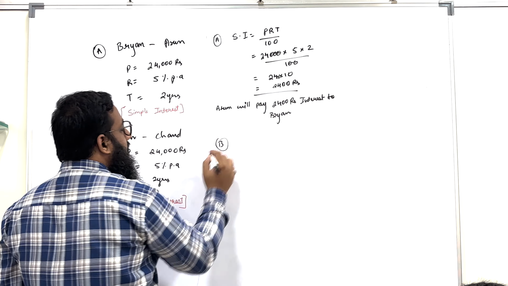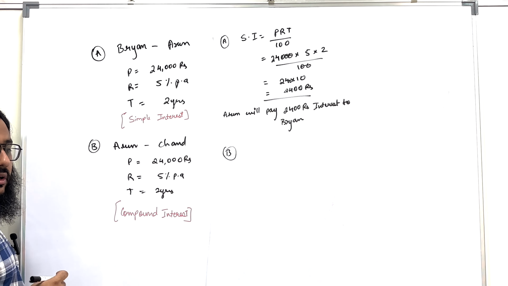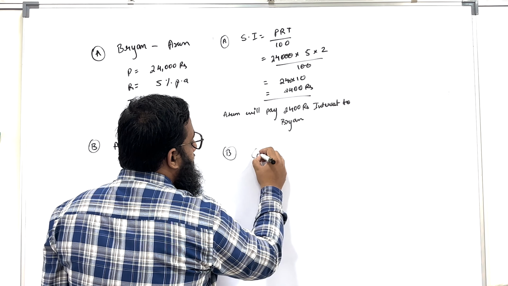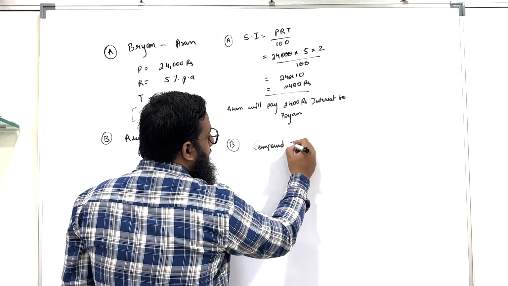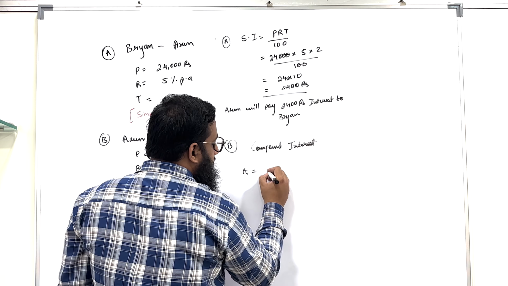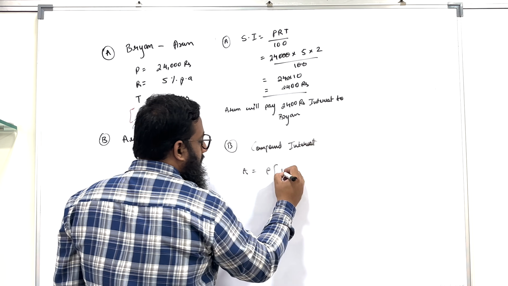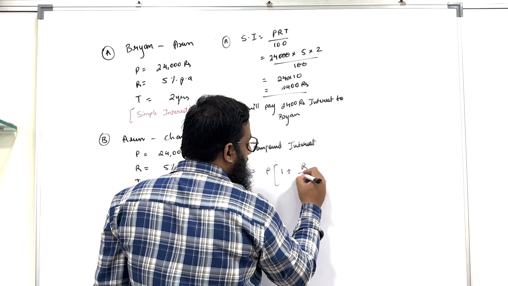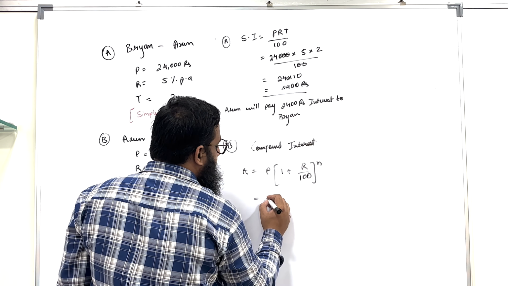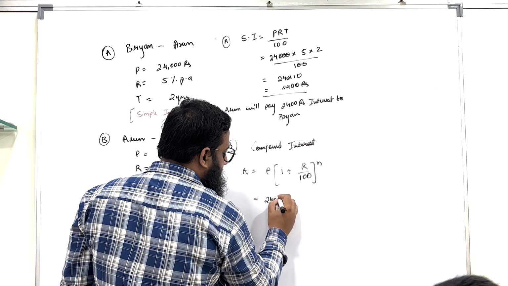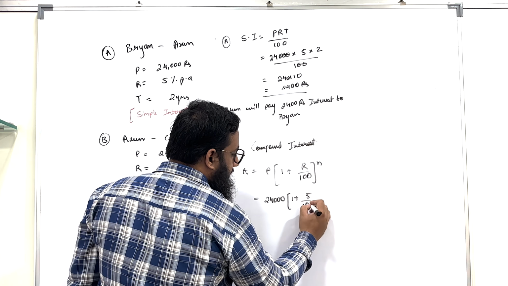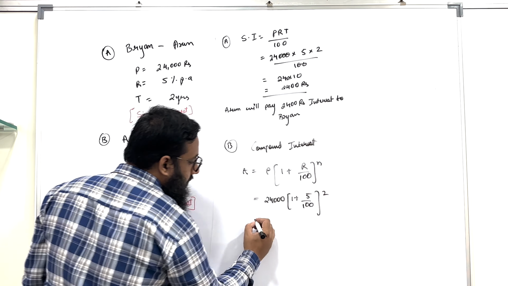Now part B. In part B, what we have? Compound interest. Amount is equal to P into 1 plus R upon 100 raised to N. P is again 24,000. 1 plus R, 5 upon 100, raised to 2 years.